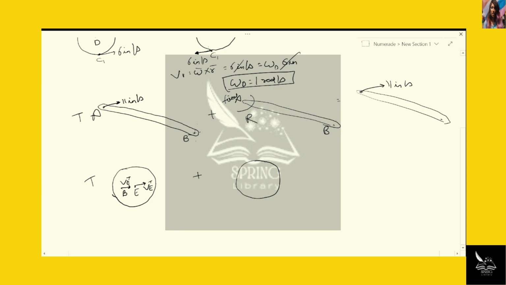And what will be that rotational velocity? It has to cancel the velocity of the center E. So it has to point like this, which means the omega will be something like that. And this will give us the net result which we want, where the net velocity at point C2 is 0.